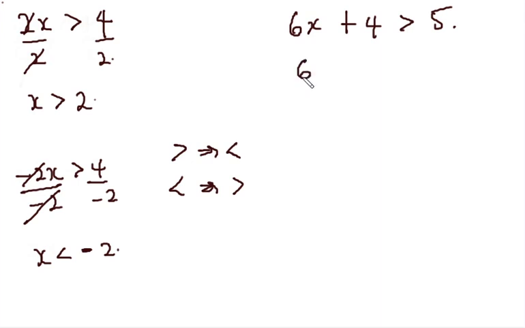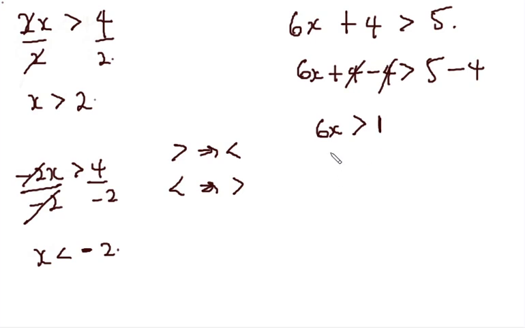So we have 6x plus 4 and then minus 4, so we are subtracting 4 from both sides, is greater than 5 minus 4. Plus 4 minus 4 cancels out. Then we have 6x greater than 5 minus 4, which is 1. From here, we divide both sides by 6. 6 cancels out 6 and then x is greater than 1 over 6.